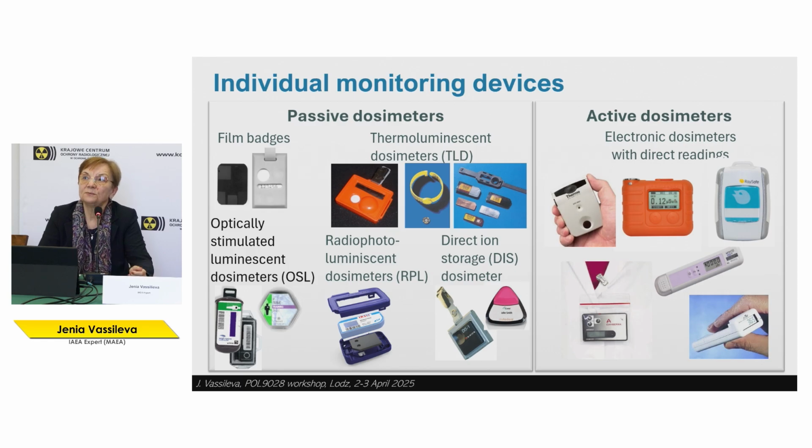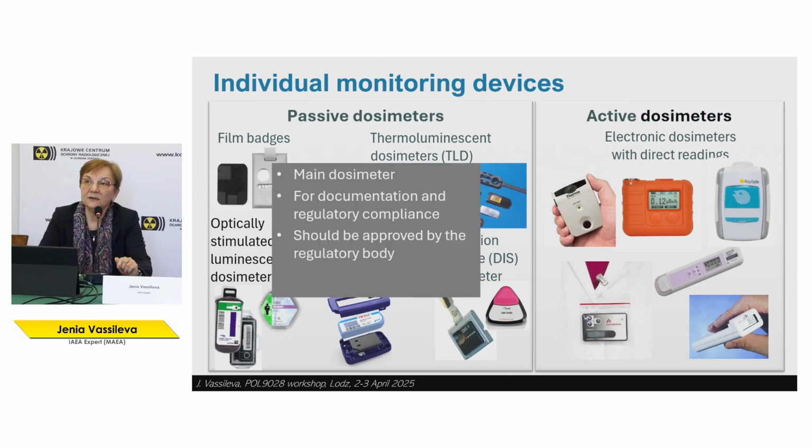And there is a vendor providing direct ion storage dosimeters that are also passive, but they are connected wirelessly to the computer. These passive dosimeters are usually legal dosimeters. They are the main dosimeters for documentation and regulatory compliance purposes, and which type is used depends on what is approved by the regulatory body.